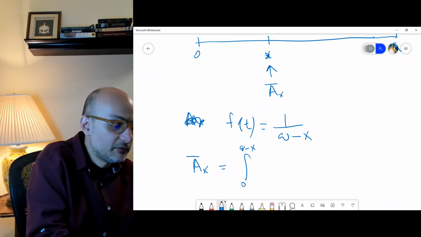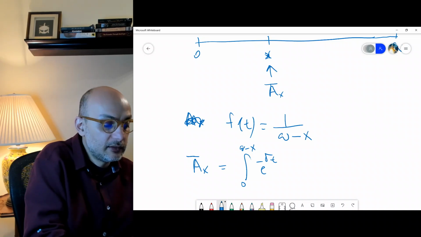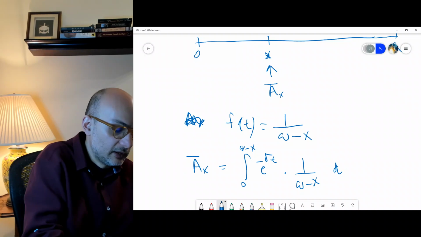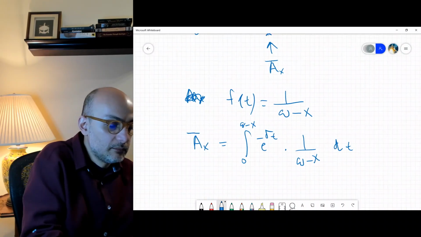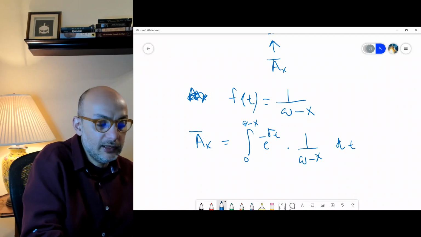Now we have e to the minus lambda t, this is the present value, multiplied by 1 over omega minus x, dt. Remember here the x is a constant, it's a number, let's say age 30, age 40, so the whole thing is constant.